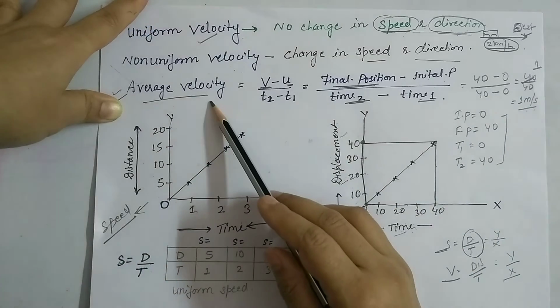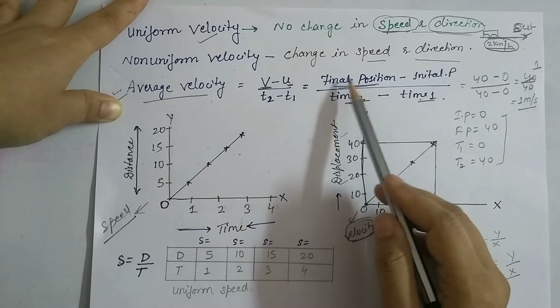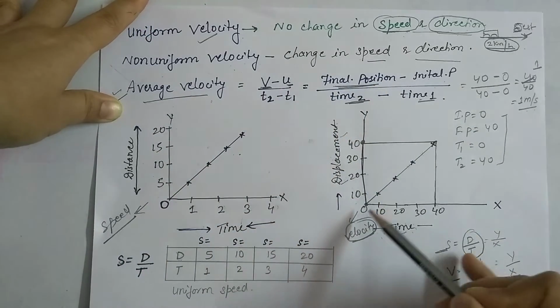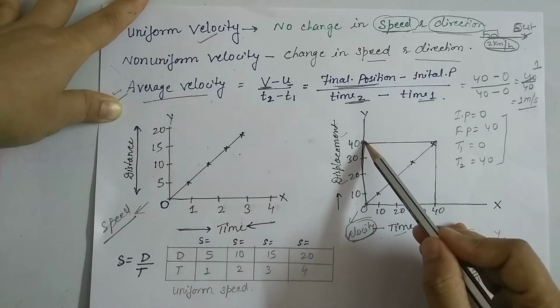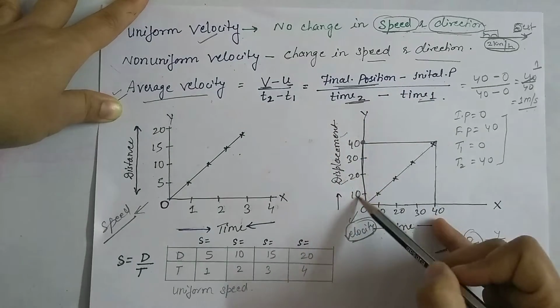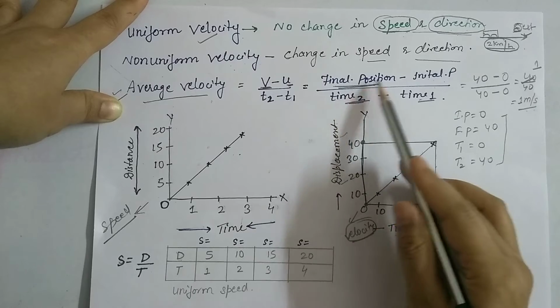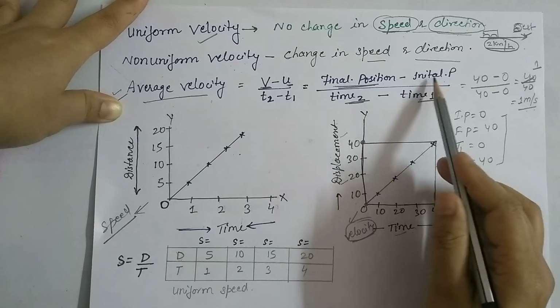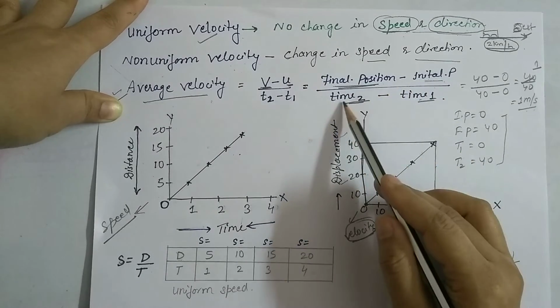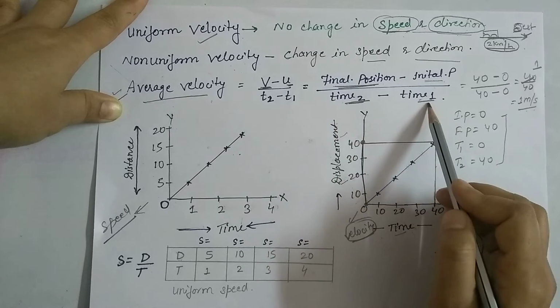So basically, average velocity is found from the final position minus the initial position, divided by time 2 minus time 1.